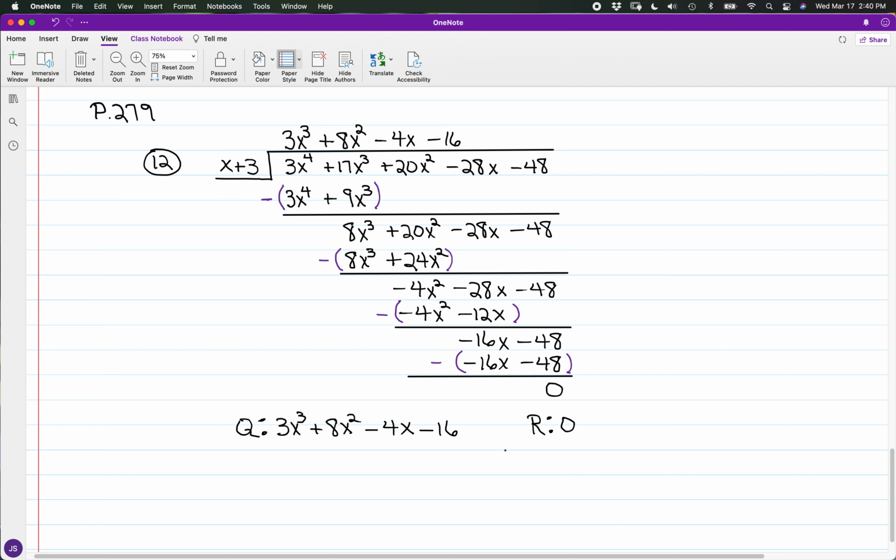Now the part I mean about Alex, in terms of taking what we have with this dividend: 3x to the 4th plus 17x cubed plus 20x squared minus 28x minus 48, all over x plus 3.